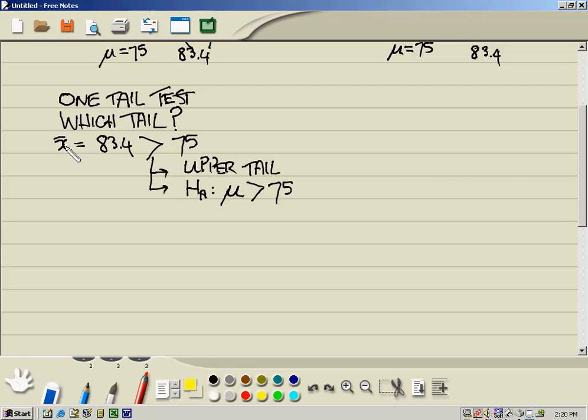So what we have so far is that x bar is greater than 75, so we know the sample value is greater than 75. What we want to know is whether the true value for the population is greater than 75. So we put that in the alternate, and that starts us off on our hypotheses.